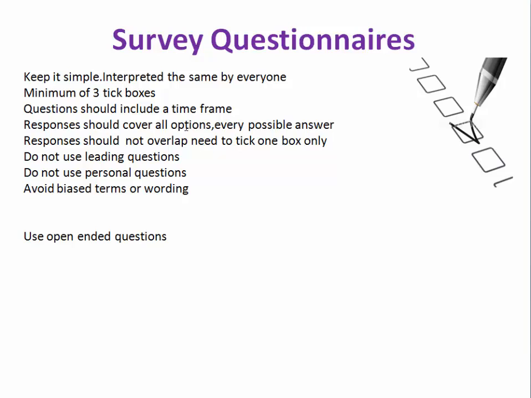Responses should cover all options so that the person doing the questionnaire has to tick a box. So every possible answer should be covered. The responses shouldn't overlap so that you tick more than one box. Don't use leading questions, don't use personal questions, and avoid biased terms or wording. It's best to use open-ended questions.